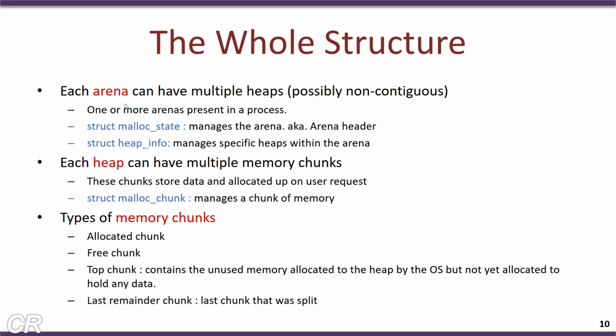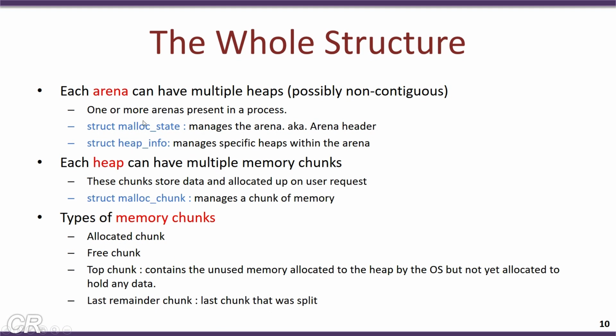Now if you look at the PTMalloc2 code, we would see that there is a structure known as malloc_state, which is used to manage the arenas. Now each arena can have multiple heaps. So in the structure called malloc_state, you would see that there is an instantiation of heap_info, which would actually be a pointer to a particular heap.